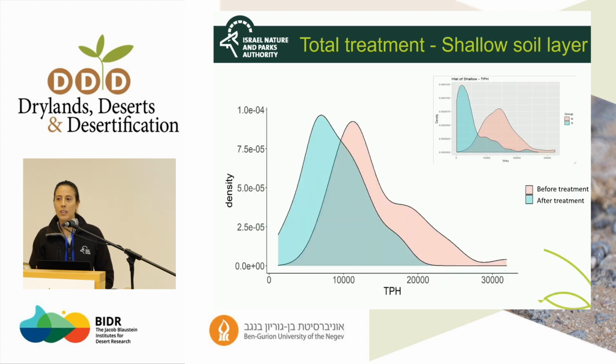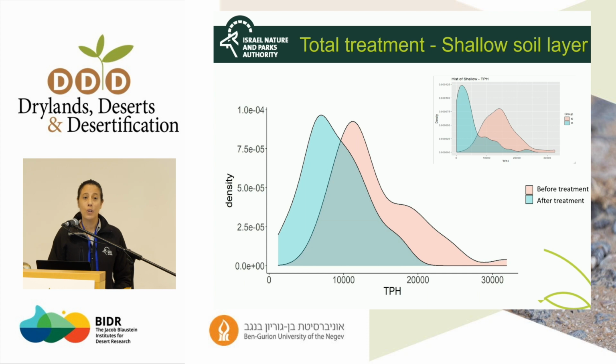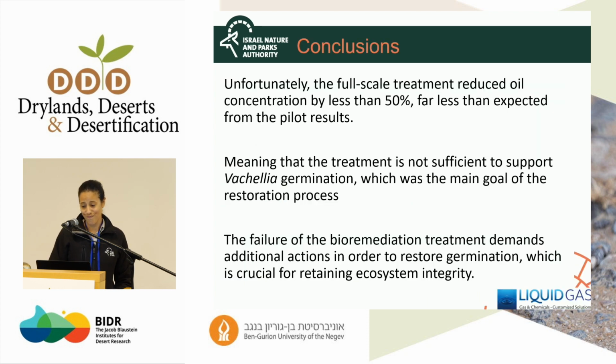And if we go back to that amazing histogram, it's not duplicated here as well. So bioremediation, where we used water and specific bacteria and other materials to reduce the oil in the soil, didn't work in the hyperarid zone. It was less than 50%.